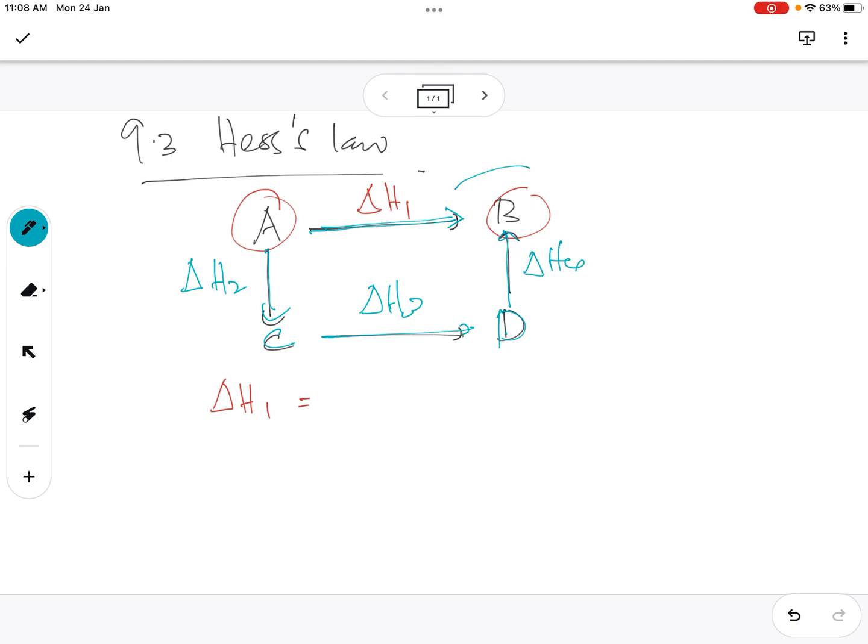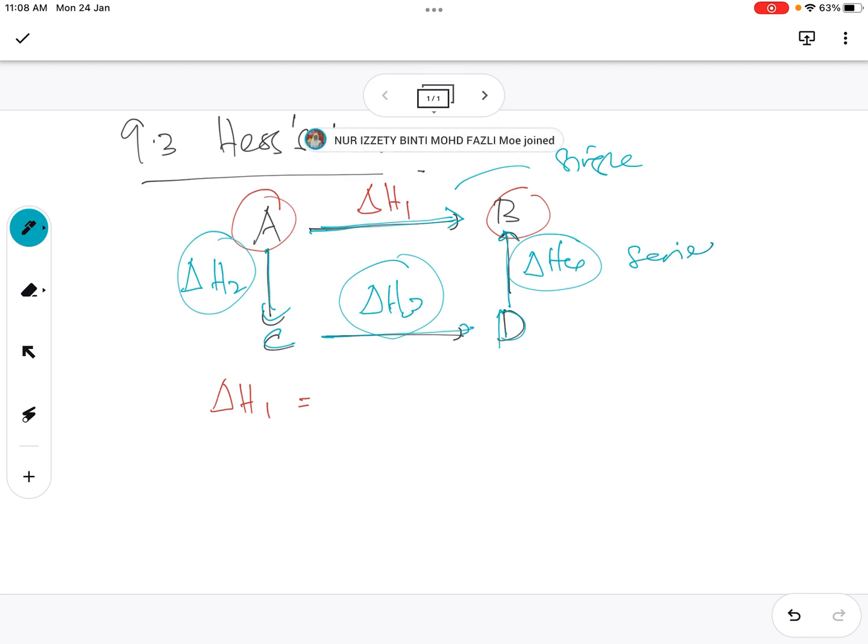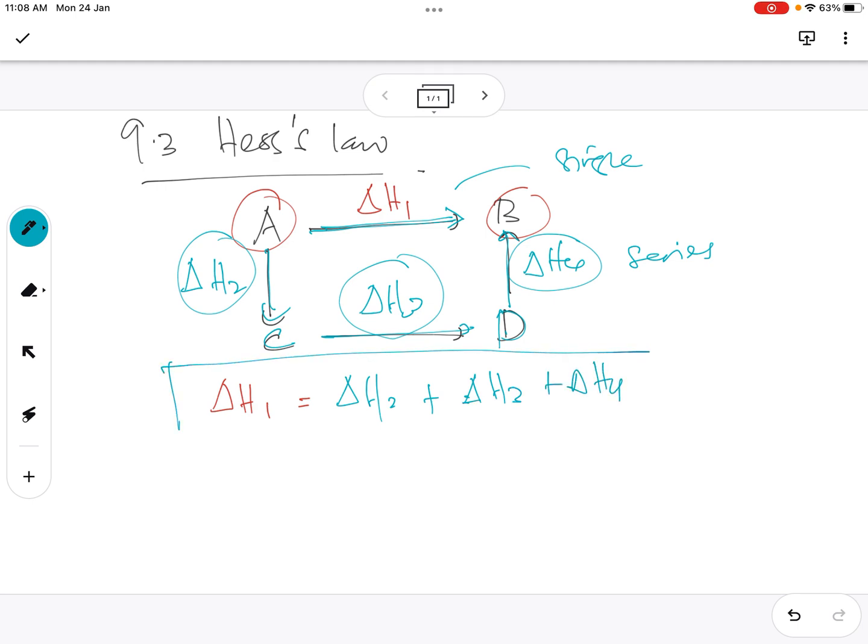So whether it's a single step or a series of steps, the enthalpy is always the same. Itu Hess's law. Okay, this is the formula.